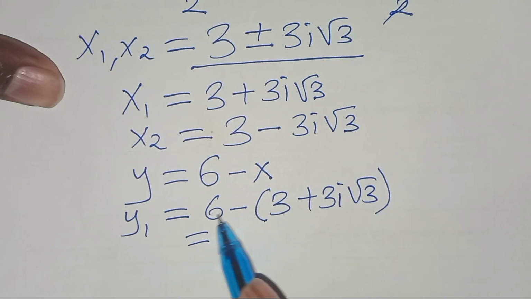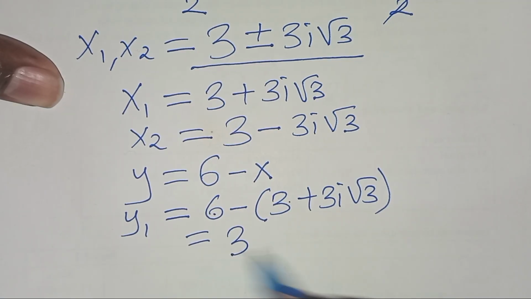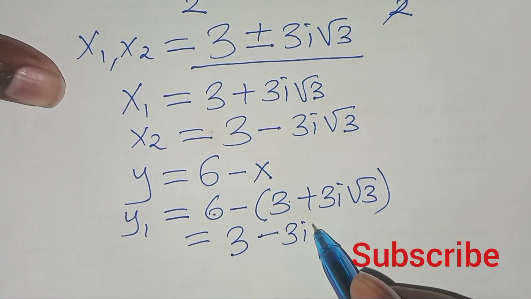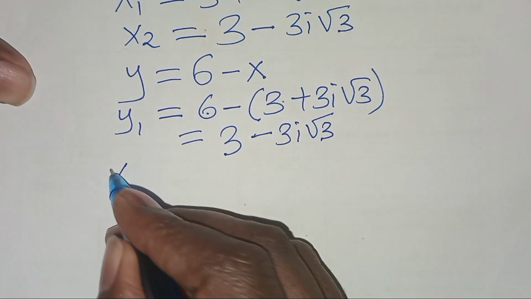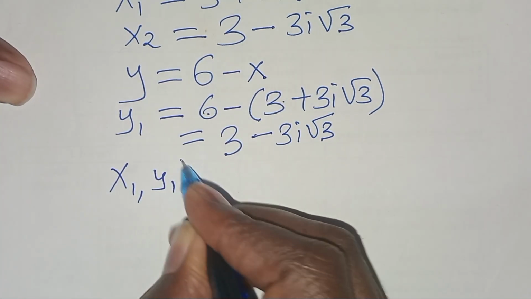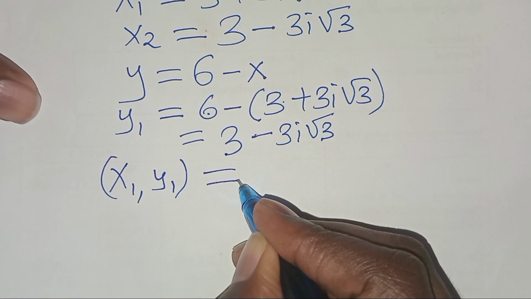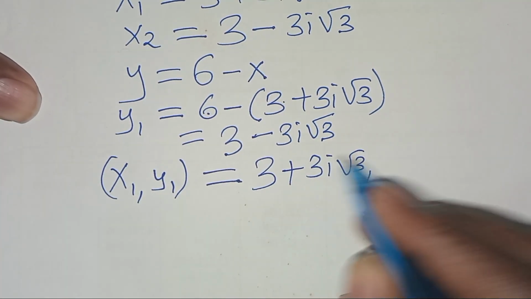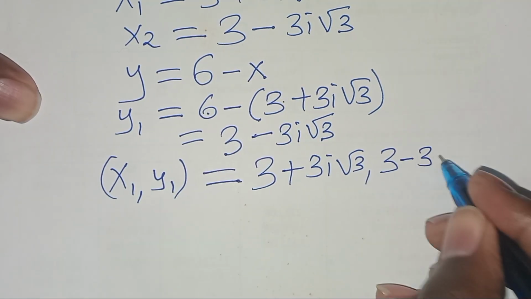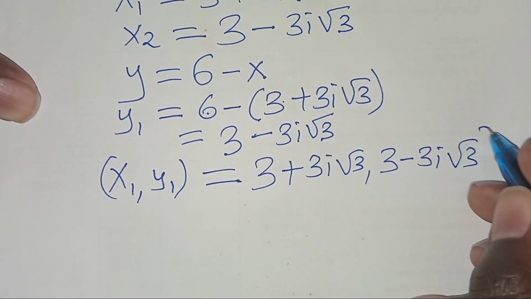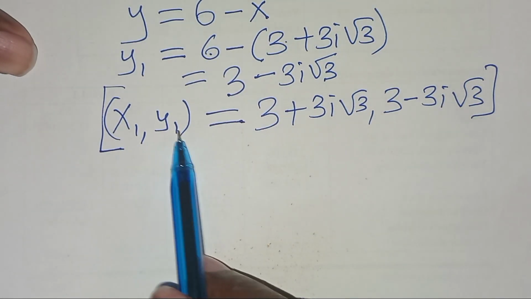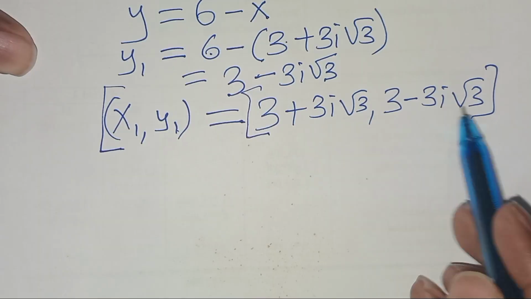Now this is equal to 6 subtract 3, which is 3, and negative times plus 3i square root of 3, which is negative 3i square root of 3. That means x1, y1 is equal to 3 plus 3i square root of 3, 3 subtract 3i square root of 3.